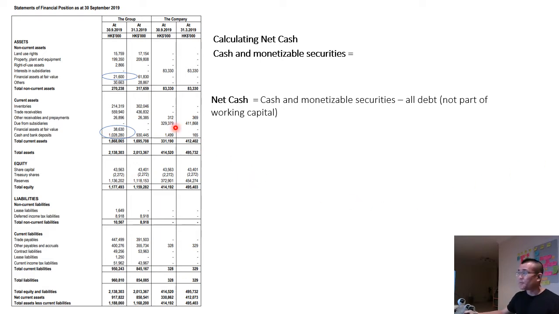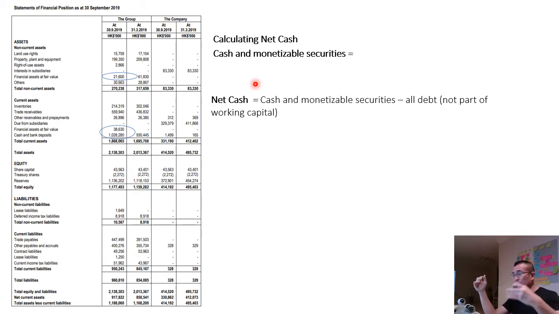So here's an example. We have the balance sheet of Valuetronics here. So net cash should be, okay, let's look at cash and marketable securities. Financial assets at fair value, that's useful. You have financial assets at fair value here again. Then you have cash and cash deposits. Okay, this is cash. Net cash basically means you take your cash and you subtract off all your liabilities.